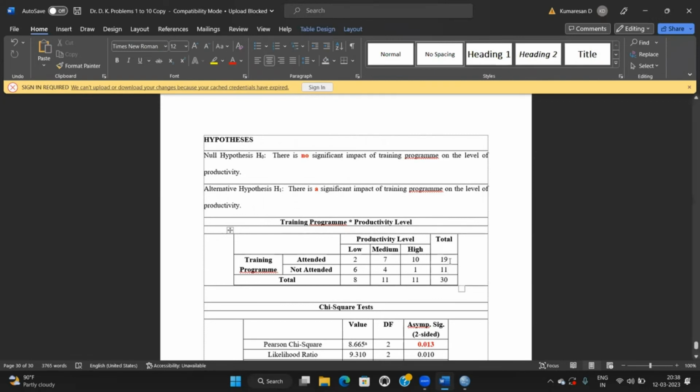Out of these 19, 2 employees have given low productivity. 7 employees have given medium productivity. 10 employees have given high level of productivity. So low productivity level is less. High productivity level is more for the employees who have attended the training.